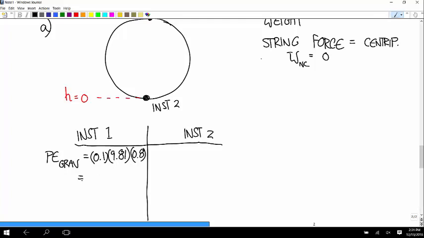And so this is 0.7848, I think. And the kinetic energy at the top is 1/2 times the mass, 0.1, times the speed squared at the top. The speed is 4.